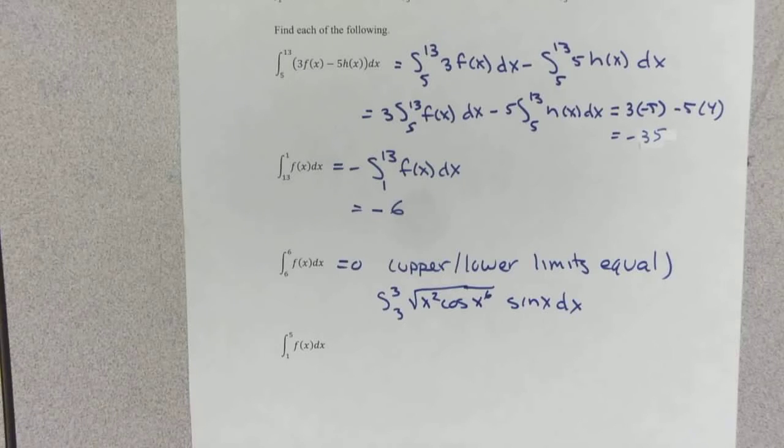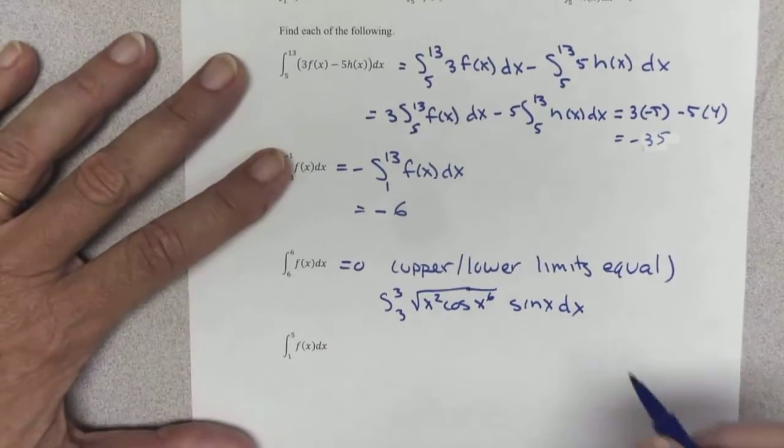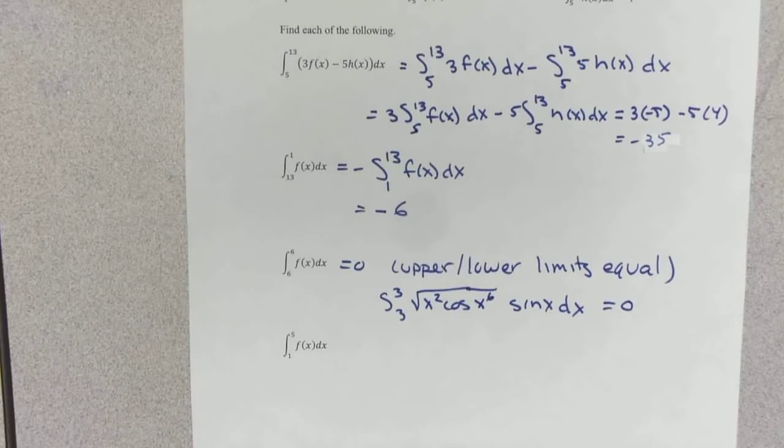I mean, look at that horrible, horrible integrand. Oh my God, all that trigonometry. I'll never be able to do it. 3 to 3. 0. So if you're doing your homework, and especially in this section where we haven't done too much with it yet, and they give you this horrible looking problem, look at those limits of integration.